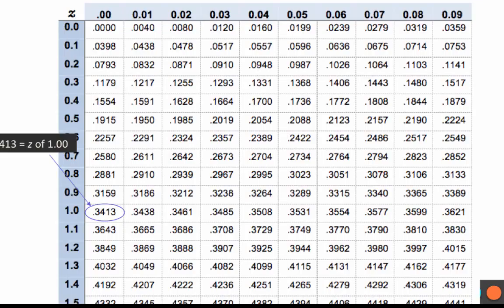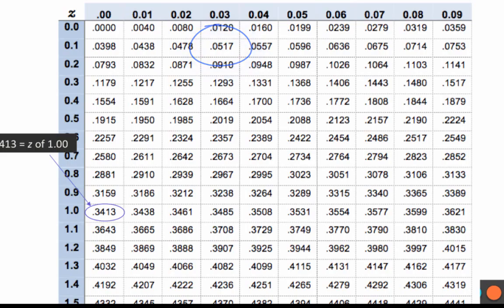Let's start with this. What is the proportion of scores between the mean and 0.1? 0.0398. How about 0.11? 0.0438. How about 0.13? That's 0.0517.